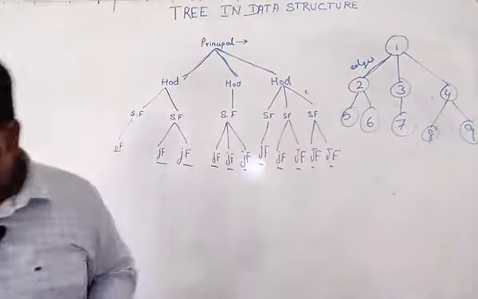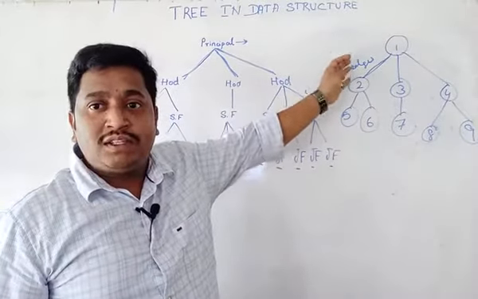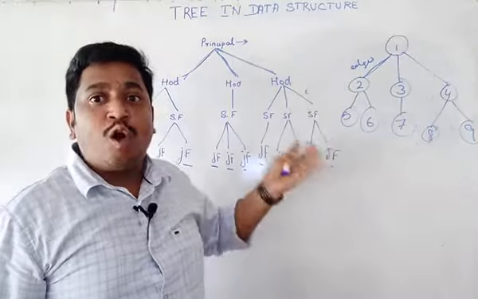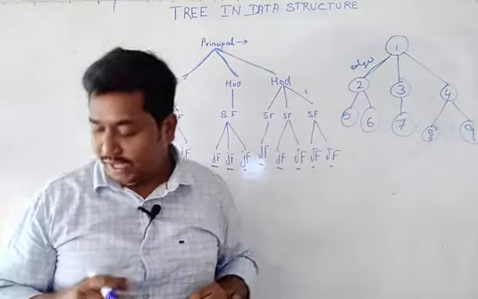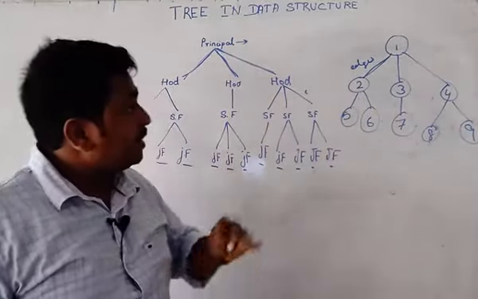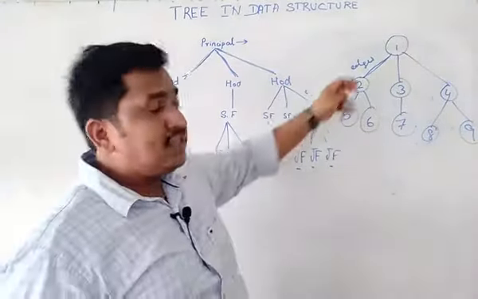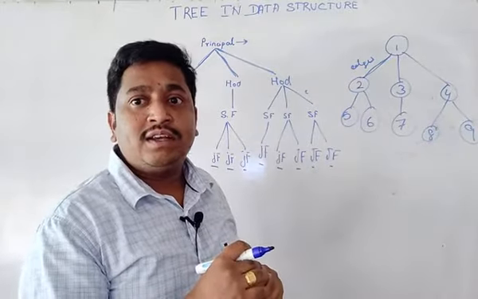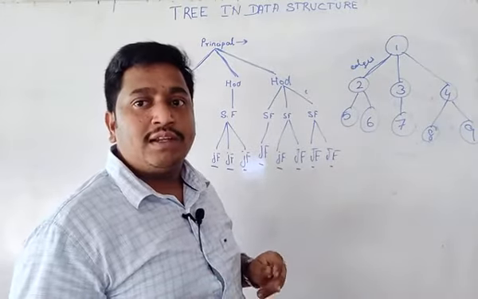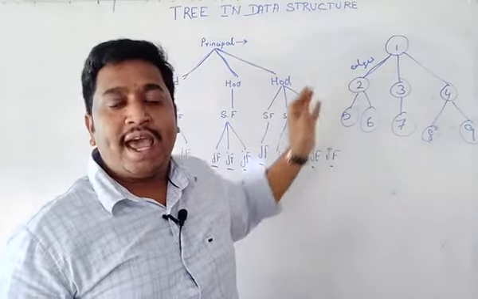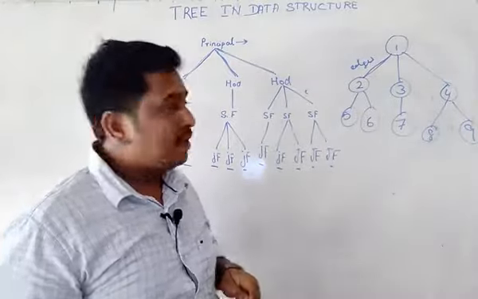So a tree is a data structure defined as a collection of elements or entities which are called nodes, linked to one another through edges and represented in a hierarchical way.